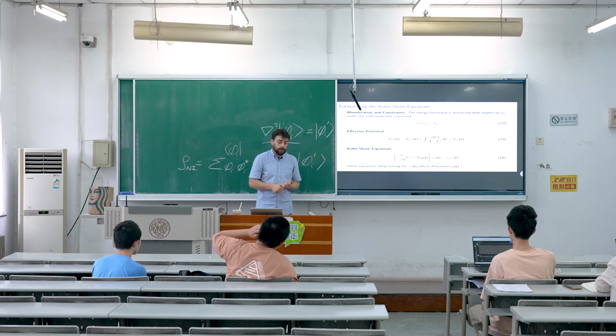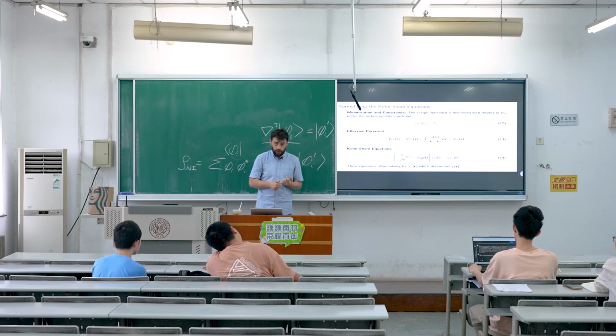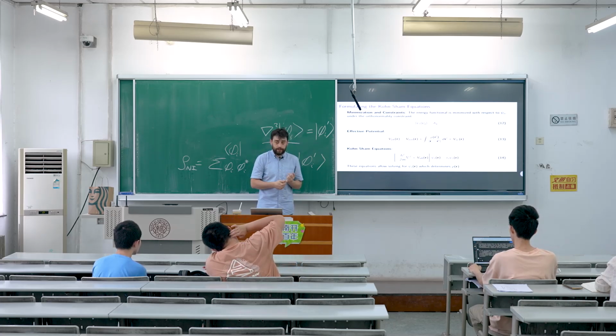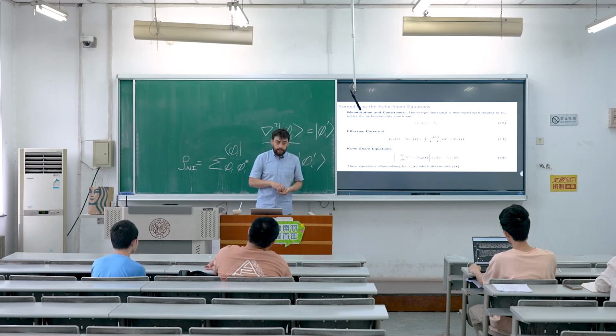You will hear Hohenberg-Kohn DFT called orbital free DFT. It does exist. People do it. There are codes that can handle orbital free DFT, but it's not accurate, except under some very, very limited conditions. Kohn-Sham DFT is what most people are referring to when they say DFT.